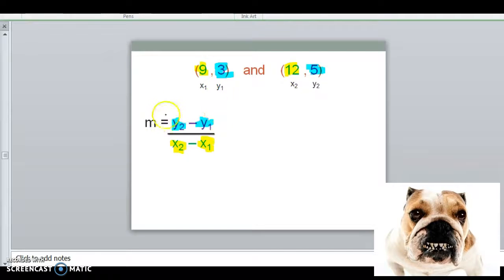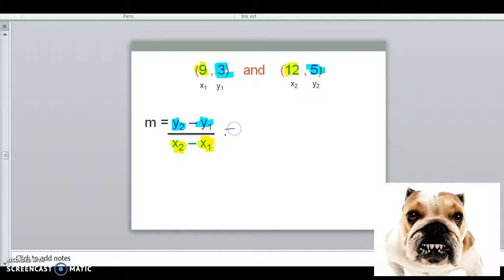So let's start off by subtracting our y's. So we're going to take our y2, which is 5, and subtract it from our y1, which is 3.